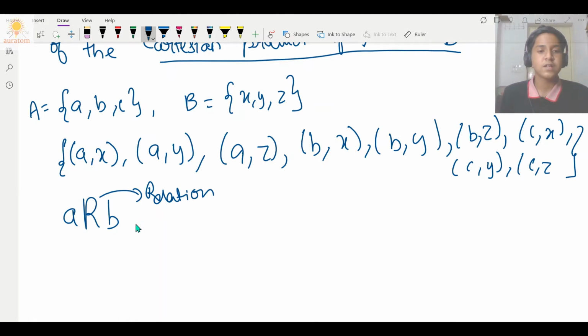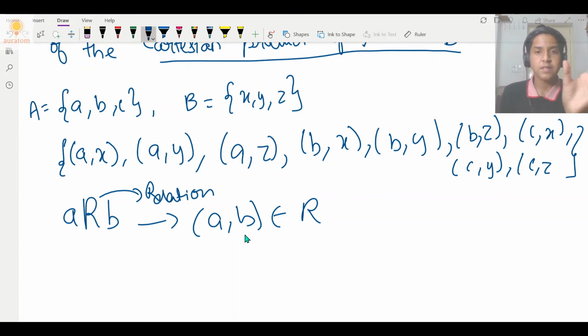This denotes that the ordered pair A B belongs to the relation. What we mean by belongs to the relation is that the relation is also a set which is a subset of this Cartesian product.